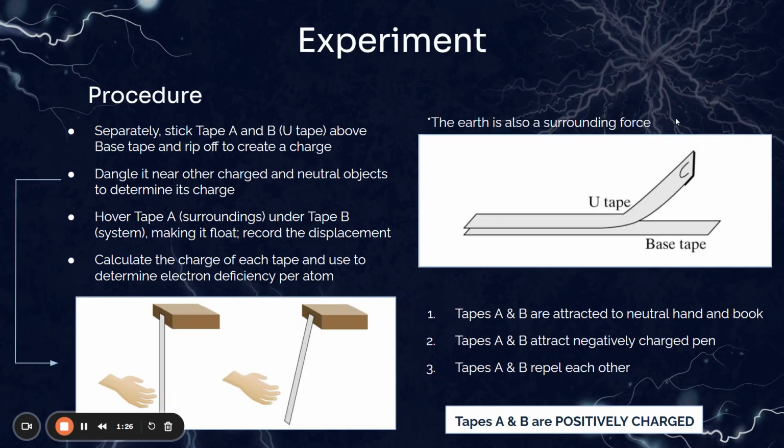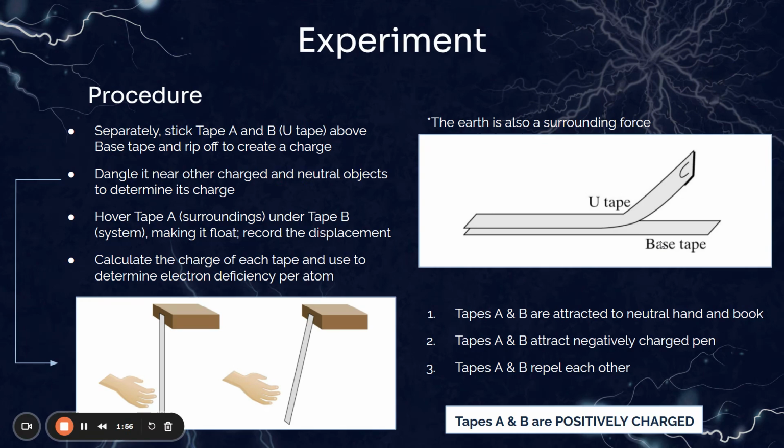Our experiment procedure was taking both tapes A and B, represented by the U tape in this image, and ripping them off of a base tape. Then we need to determine what their charge was. So we dangle them near neutral objects, and they were attracted to the neutral object, which makes sense because of induced dipoles, where the charged object will separate the charges in the neutral object, making the neutral object attracted.